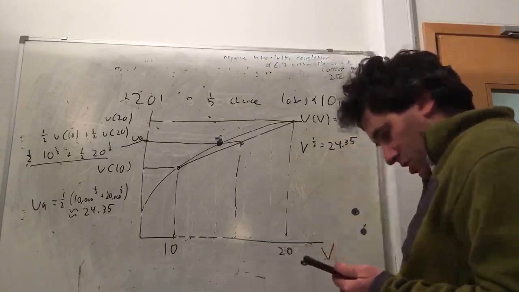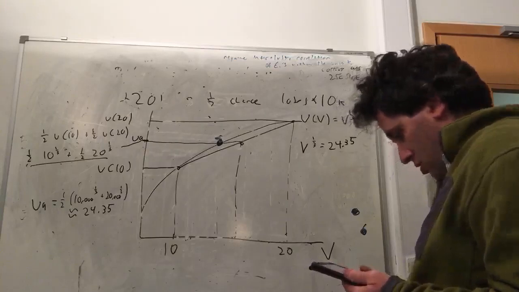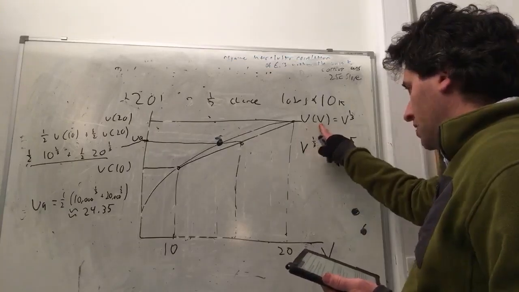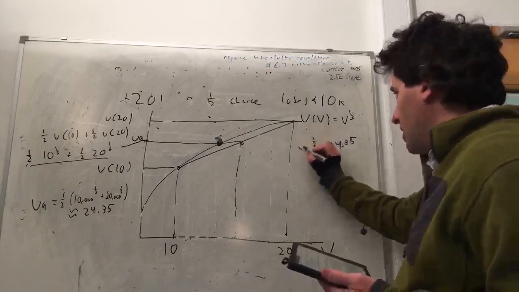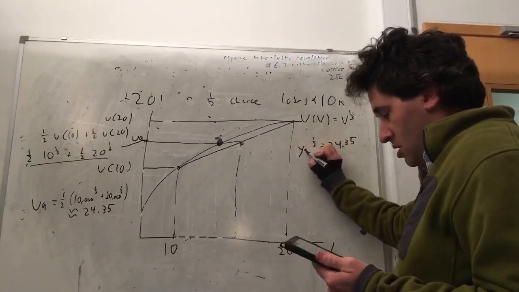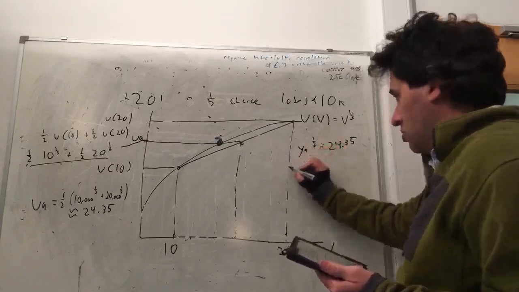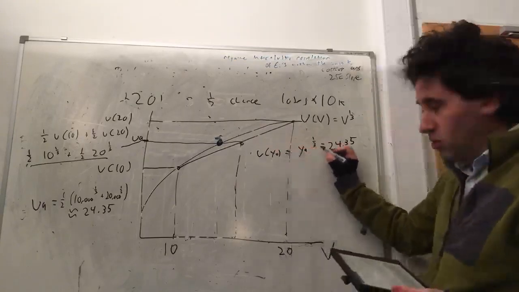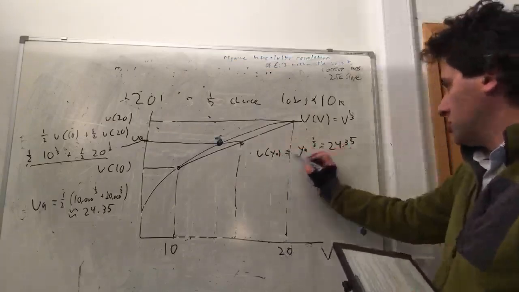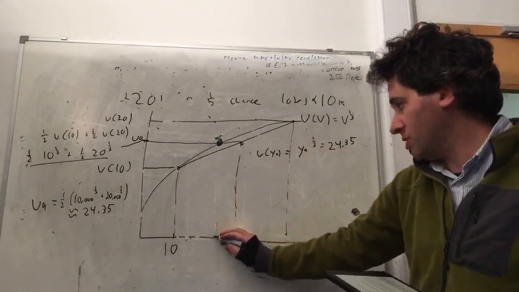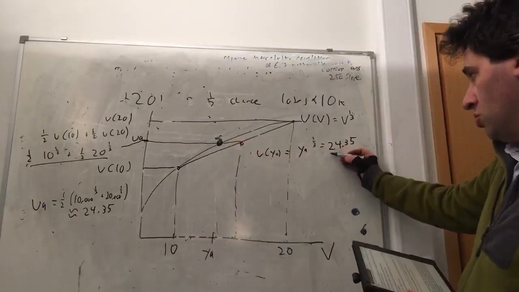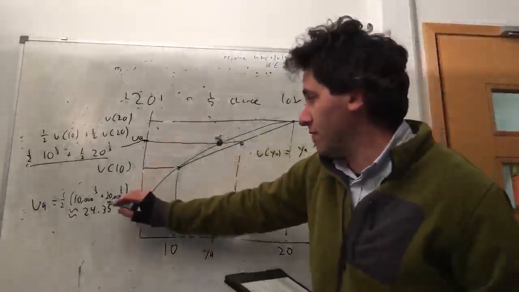Let me call it Y, okay? Level of income Y. So YA to the 1/3, the utility of certain income YA, whatever this point is we're looking for, the utility of this must equal 24.35.